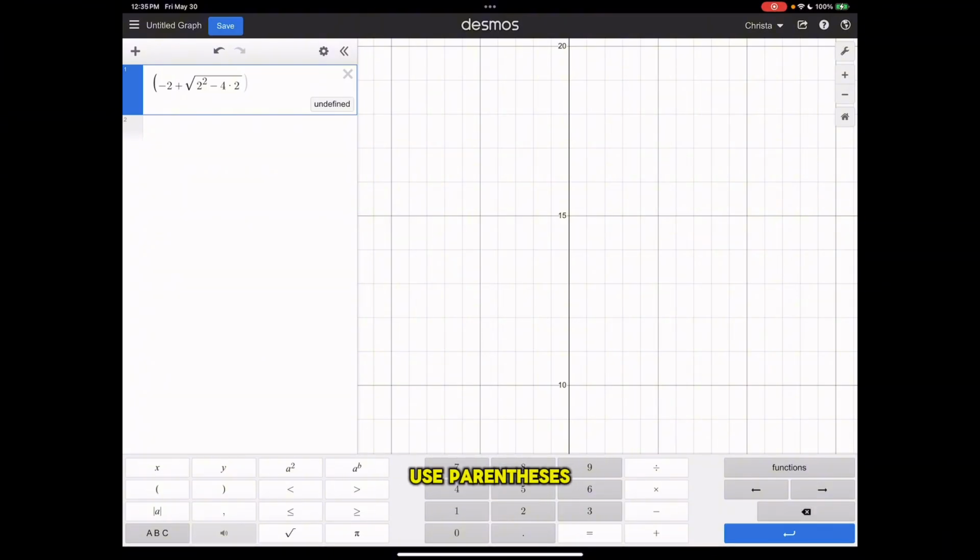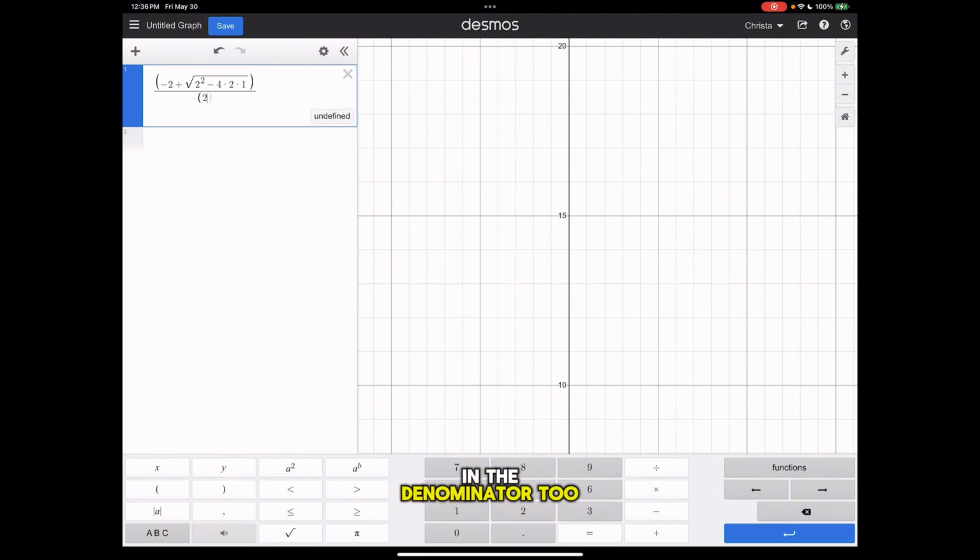And you can also use parentheses too. And then you go outside of the parentheses and then type a slash or a division. And I like to put things in parentheses in the denominator too.